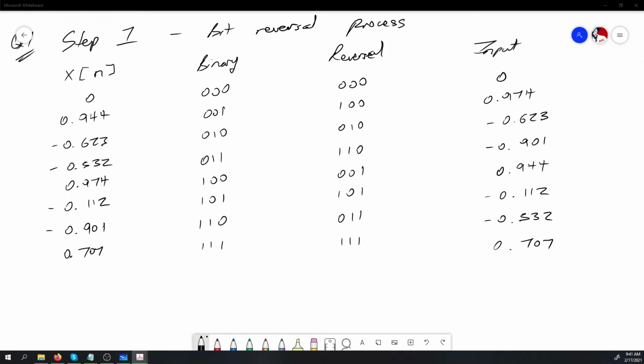Verifying. Right, nice. So now that we have finished our bit reversal process, we can then move on to the decimation stages for our FFT.